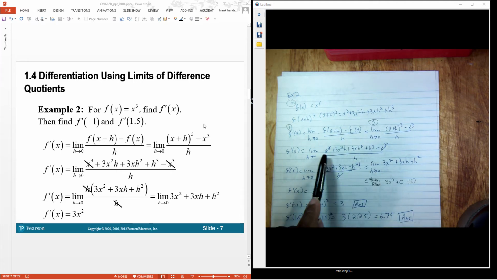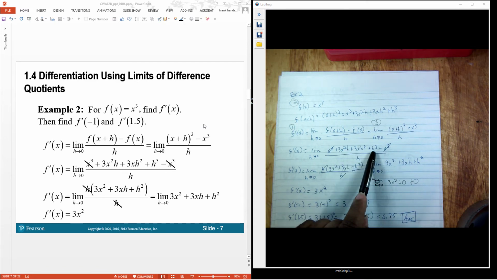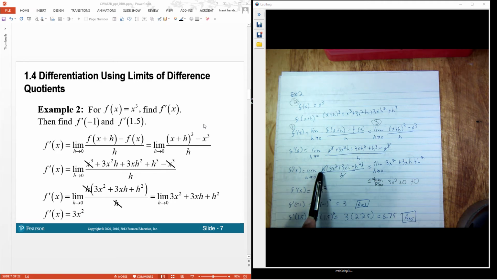The x to the thirds cancel out, and I got a common factor of h, so I can factor out the h. The h's cancel out, so I have this function. Now I can take the limit as h goes to 0, so I put a 0 there, and the only thing that's left is 3x squared.